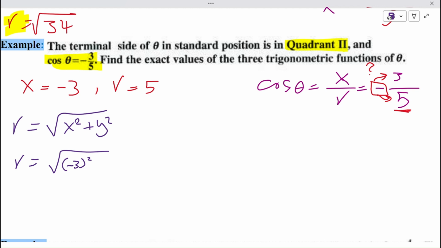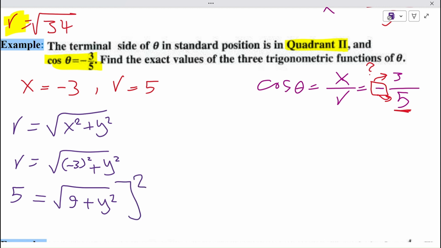Guys, we have r, just substituted. r is 5. Then the square root, the square of 3 is 9 plus y square. By squaring both sides, we will get 5 square is equal to 9 plus y square. Okay, then we'll come here. 5 square is equal to 25.